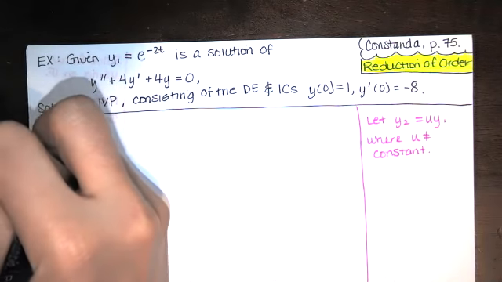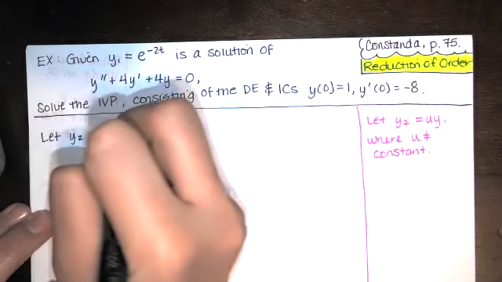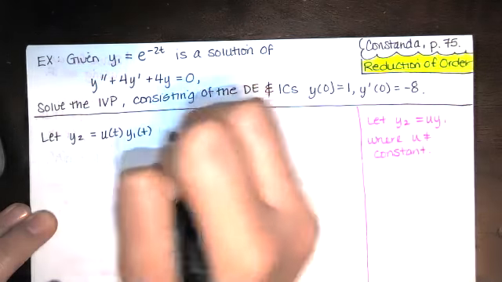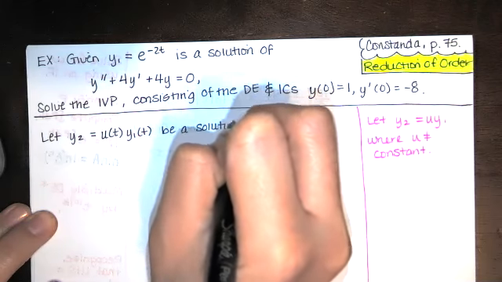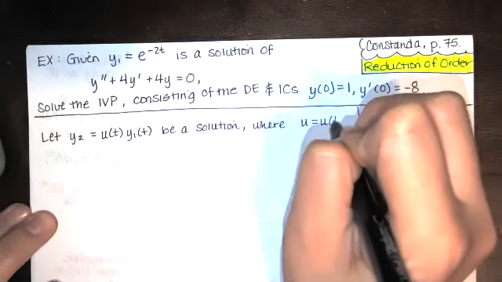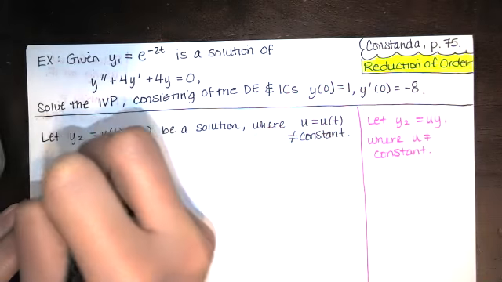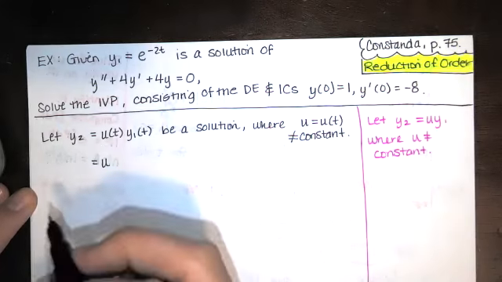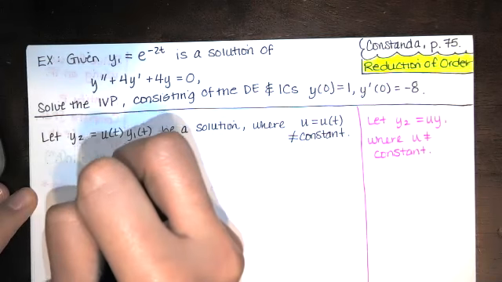So we'll let y sub 2 equal u of t times y1 of t be a solution, where u is a function of t and it's not equal to a constant. And I'm going to stop writing that dependence on t, but remember, u depends on t, and y sub 1 is that e to the negative 2t.